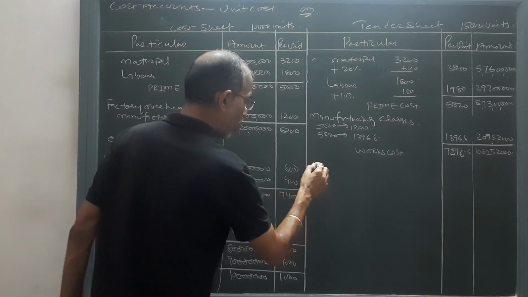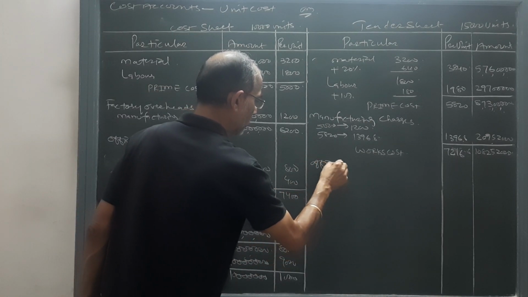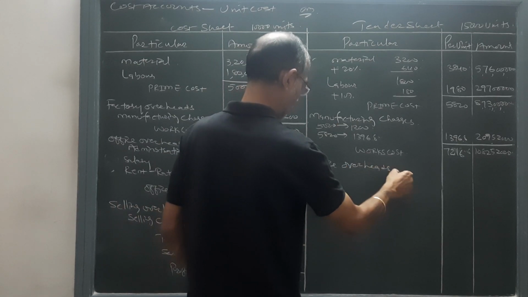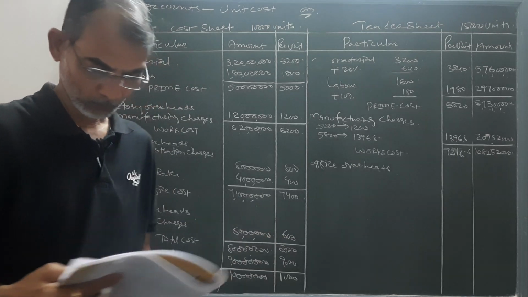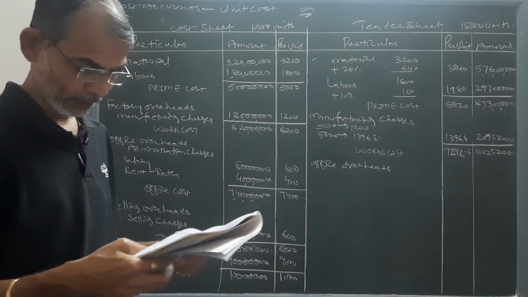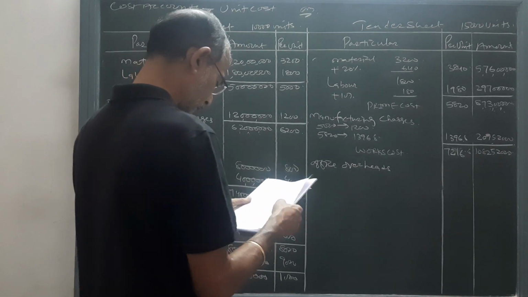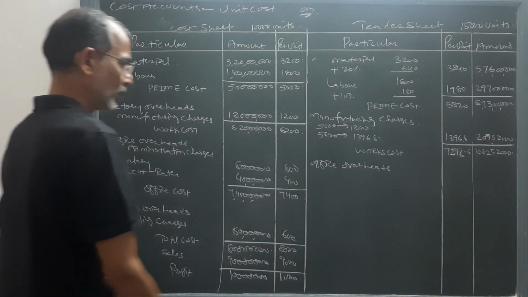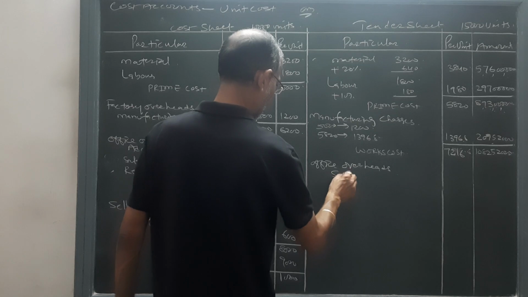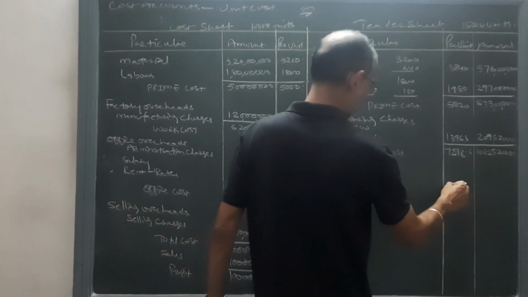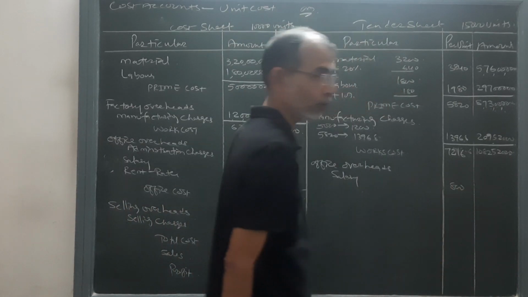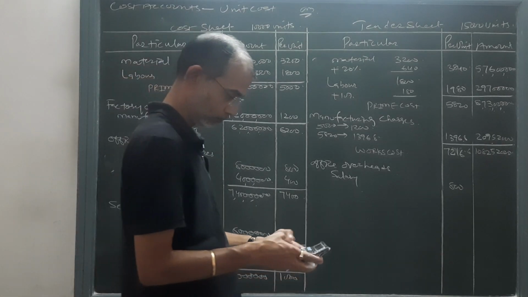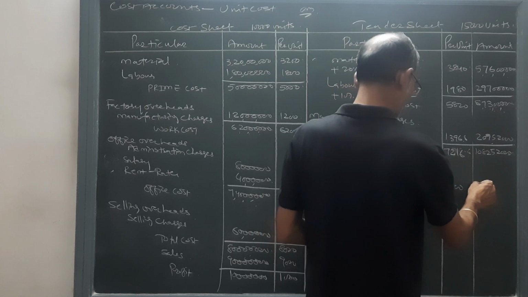Then we come to office overheads. For that it is being said that rent will rise by 10% while salary will be the same per unit. Salary is to be kept as it is, 800 into 15,000, that will be 1 crore 20 lakh.